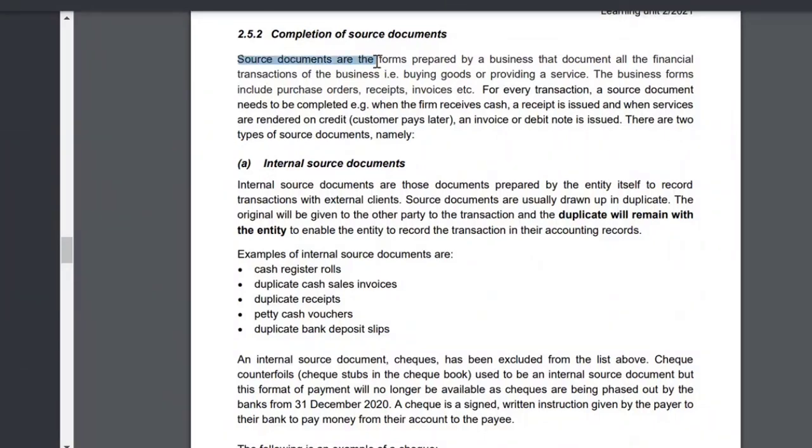It says that source documents are forms prepared by a business that document all the financial transactions of the business. The business forms include purchase orders, receipts, invoices. So there are two types of source documents: internal source documents and external source documents.